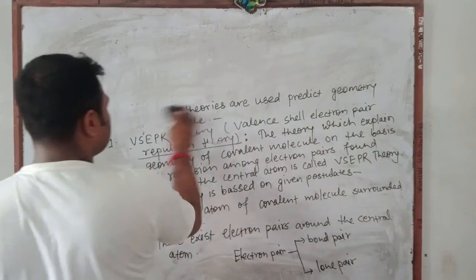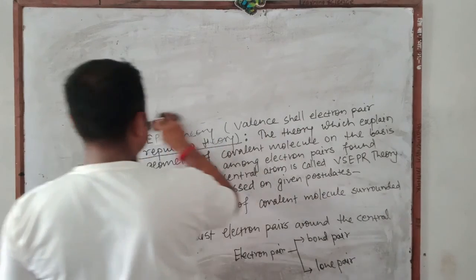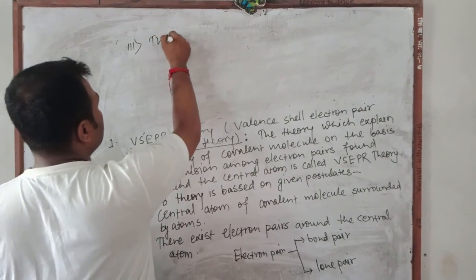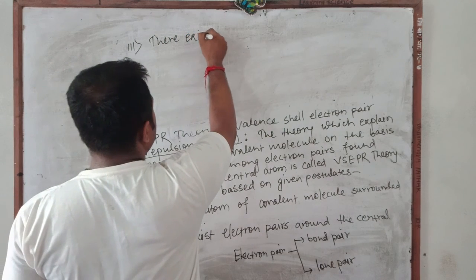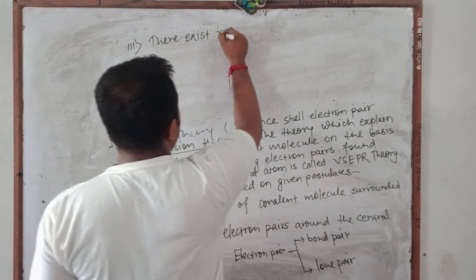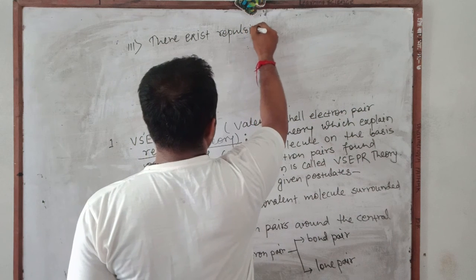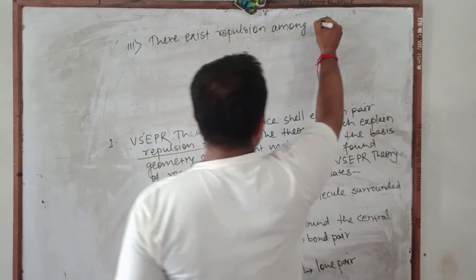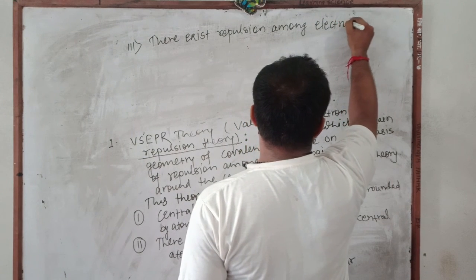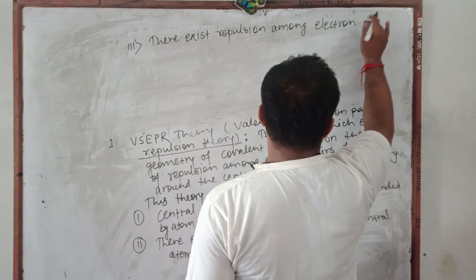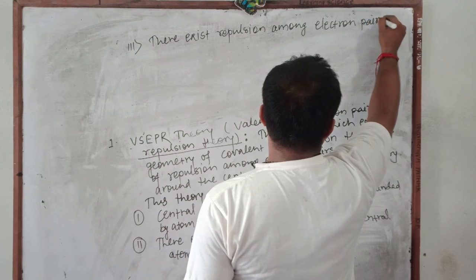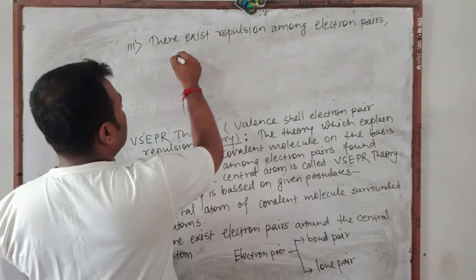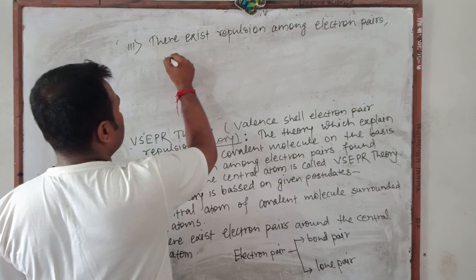And here we write the third assumption: there exists repulsion among electron pairs, and that repulsion is in order.